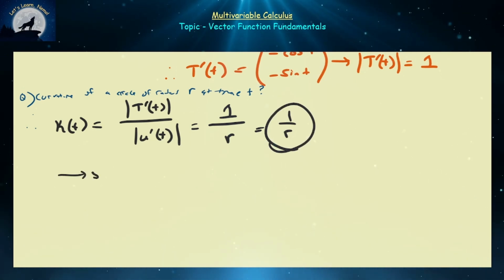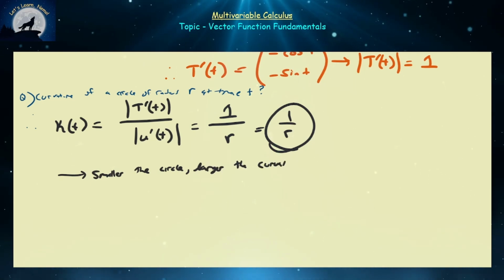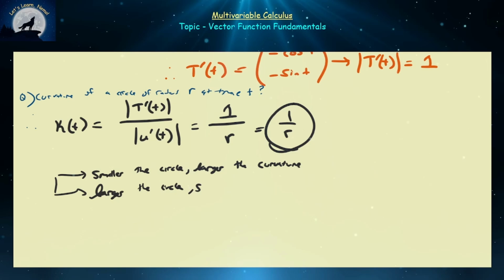It means the smaller the circle, the smaller the value of r, the larger the curvature, and the larger the circle, the larger the radius, the smaller the curvature.